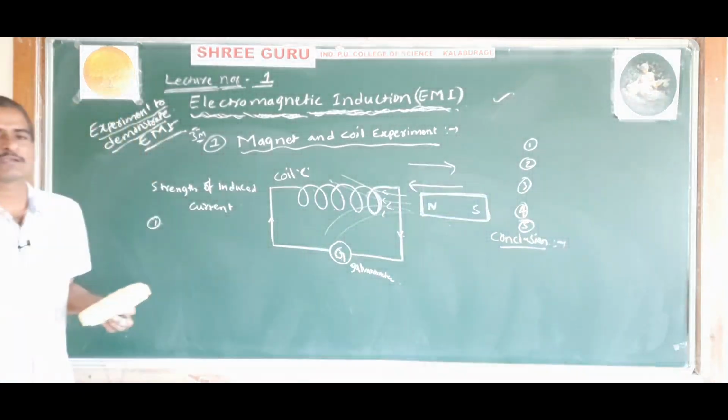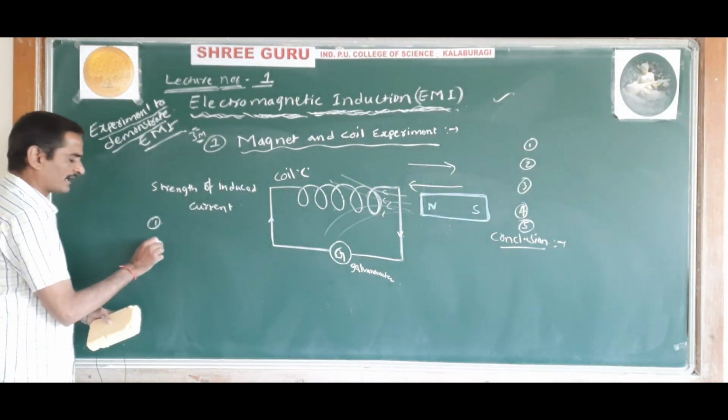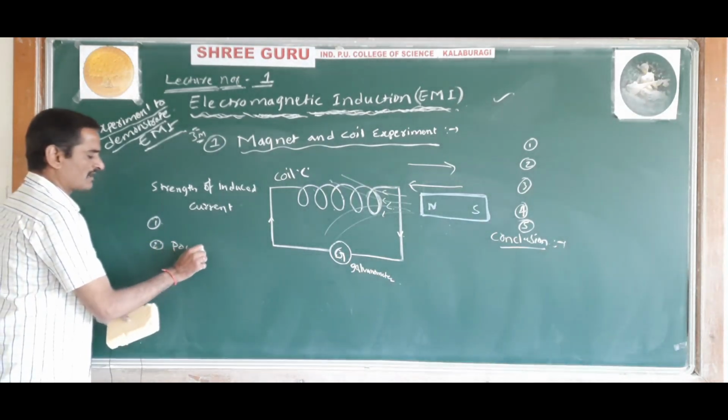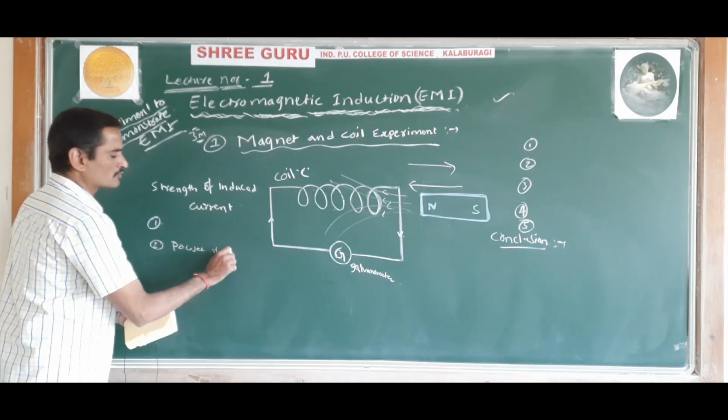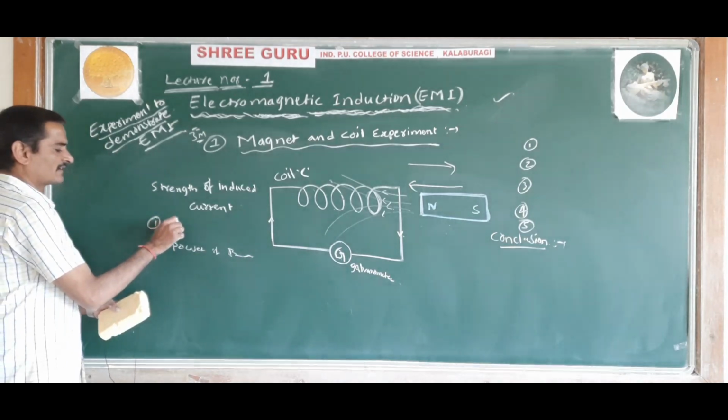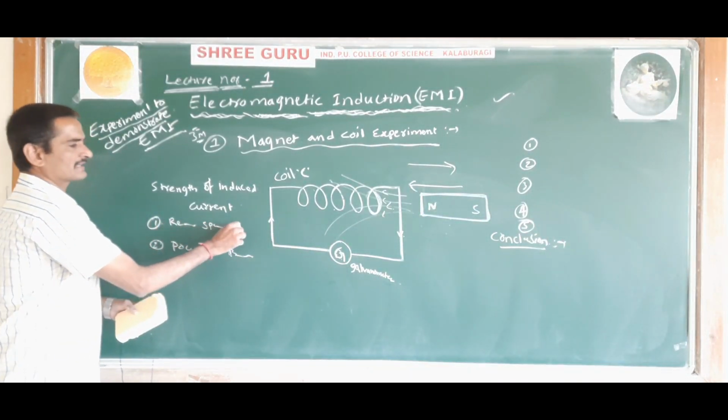First one, relative speed between the magnet and coil, and second one, power of the bar magnet, how strong the bar magnet is.